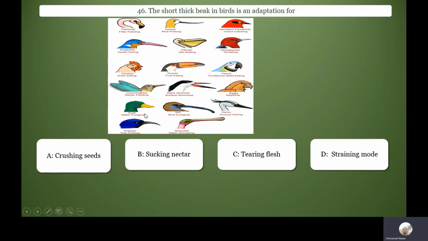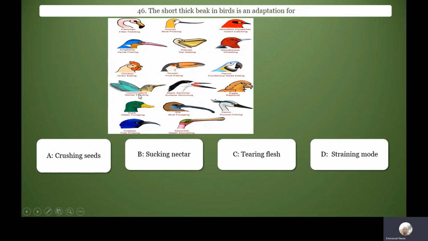The ones that suck nectar, you will see their long, slender beak for sucking nectar, like this hummingbird. I can see the hummingbird with the long, slender beak.